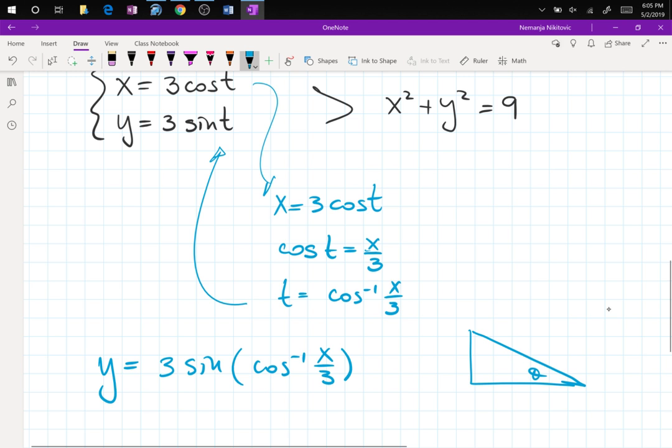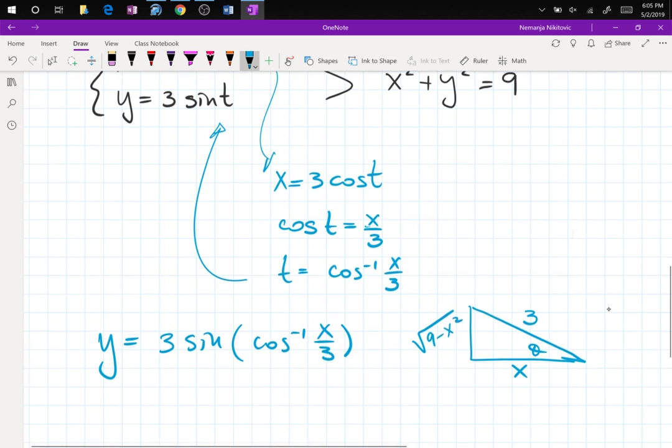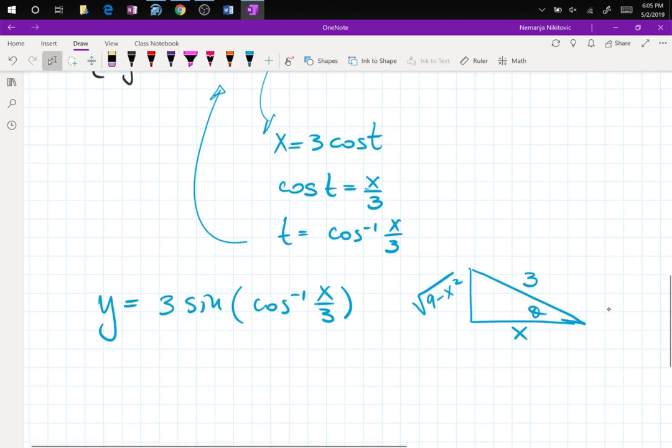Adjacent over hypotenuse. Good. So now what's this puppy here? Well, that's going to be Pythagorean theorem, the square root of 9 minus x squared. Perfect. So now y equals 3 sine, and now I need sine of the inverse. Read the sine. That's going to be the square root of 9 minus x squared divided by 3.